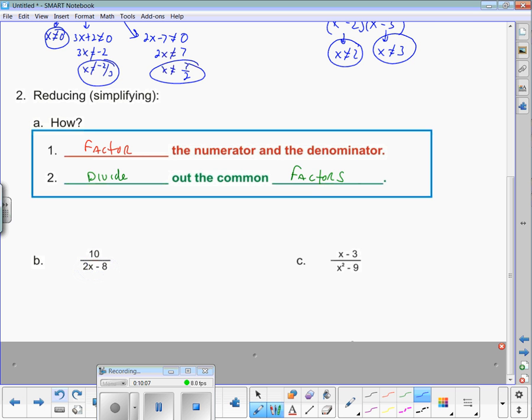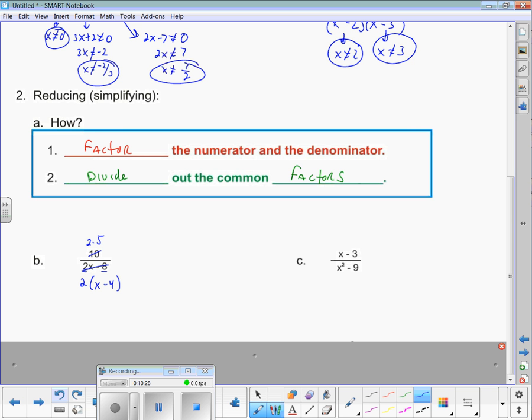All right, so you say, what are we supposed to do? Factor the numerator, 2 times 5. Factor the common 2 out of the denominator, 2 times x minus 4. Right? First law of factoring: factor out common factors first.